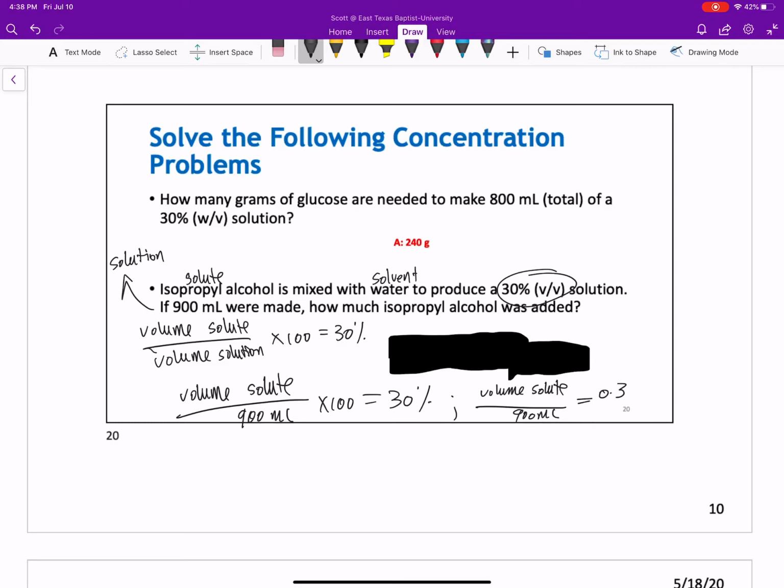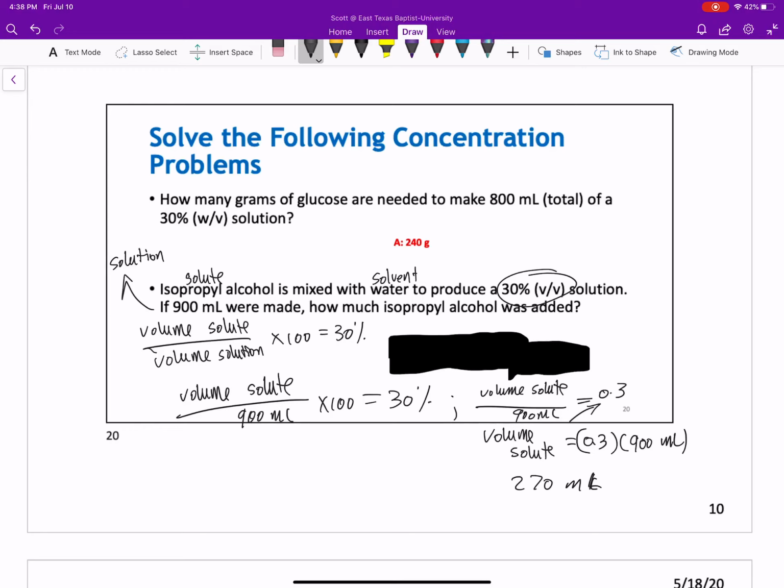And then we're going to multiply this term by 0.3 in order to get the volume of the solute as an isolated term. And since this is a volume percent, our units are going to be in milliliters. So the volume should be 270 milliliters.